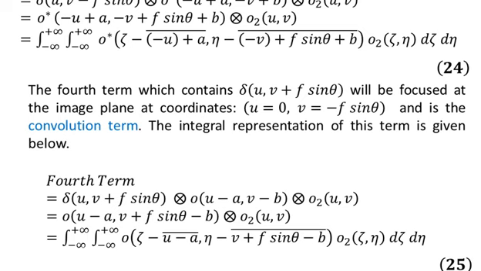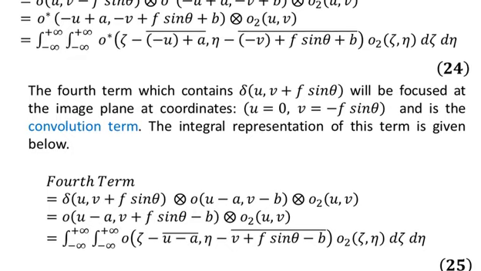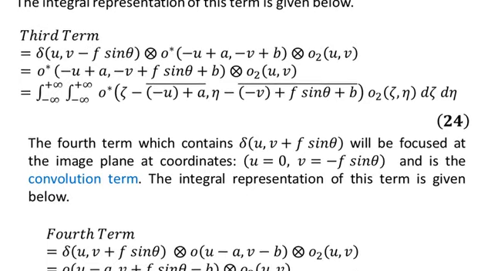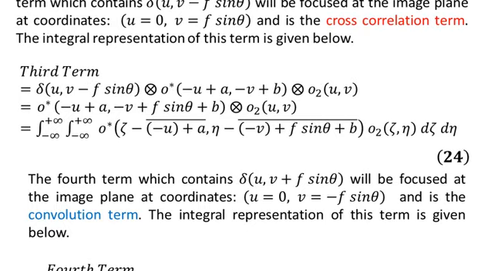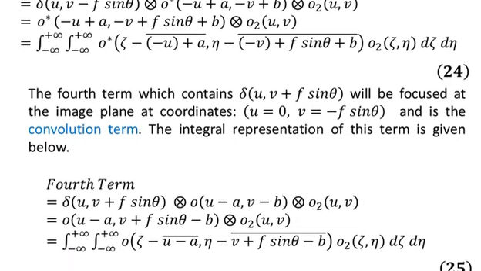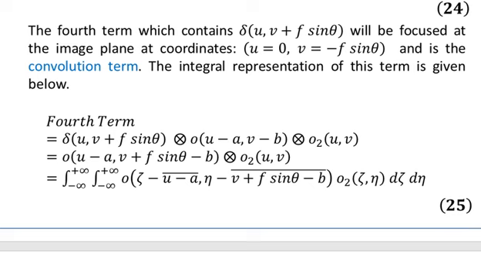The first two terms, which do not involve the delta function, will travel along the optical axis, and the third term and the fourth term will be focused at the respective coordinates, u is equal to 0, v is equal to f sine of theta, and u is equal to 0 and v is equal to minus f sine of theta respectively. So we have shown the fourth term over here.